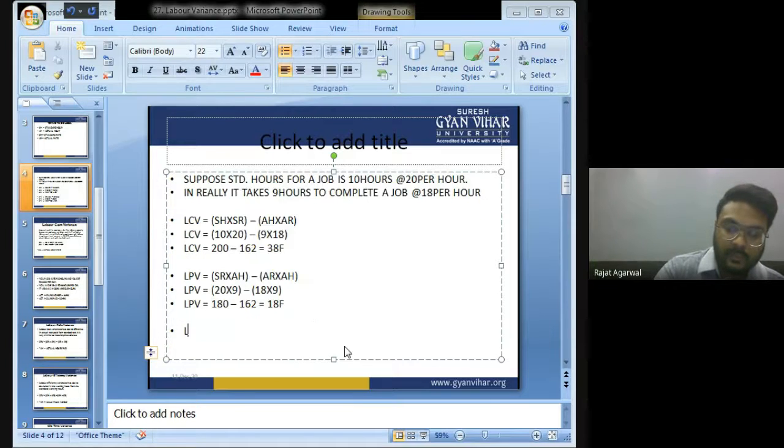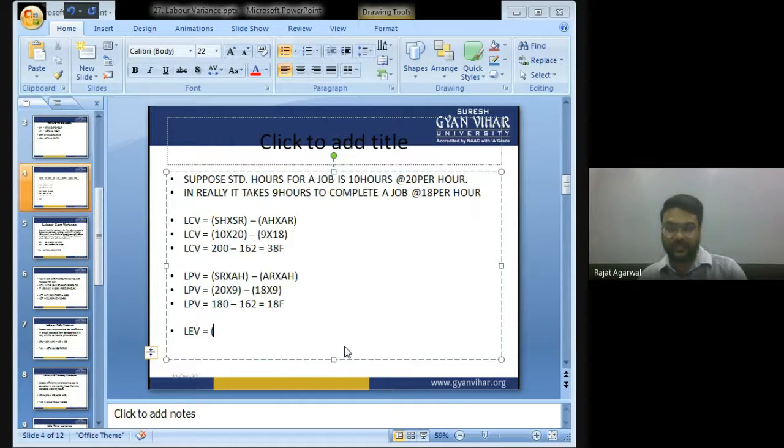Now, labor efficiency variance. The formula of labor efficiency variance is standard hours into standard rate minus actual hours into standard rate.